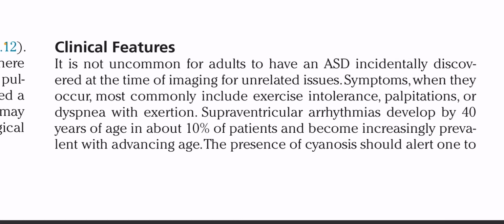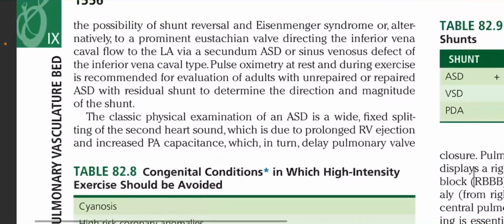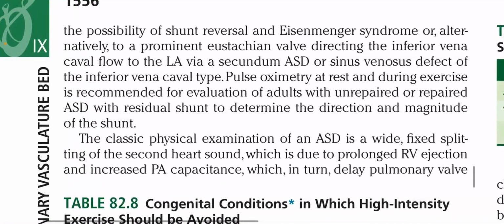The presence of cyanosis should alert one to the possibility of shunt reversal and Eisenmenger syndrome, or alternatively to a prominent eustachian valve directing the inferior vena cava flow to the left atrium via a secundum ASD or sinus venosus defect of the inferior vena caval type.